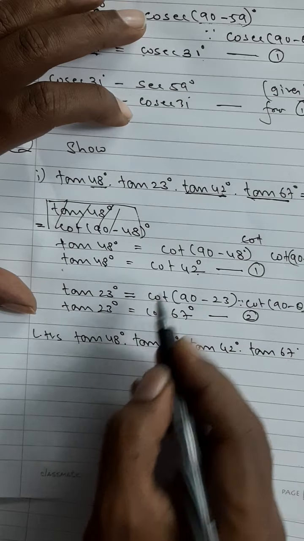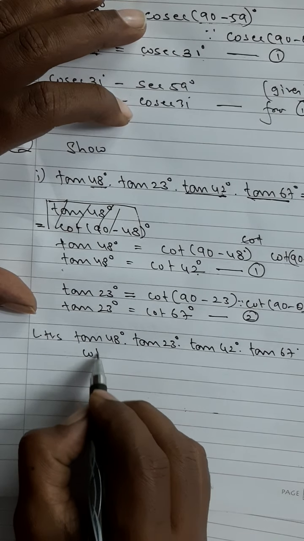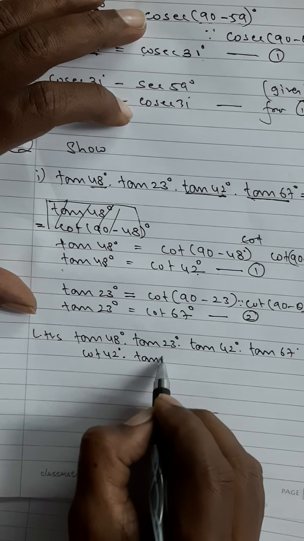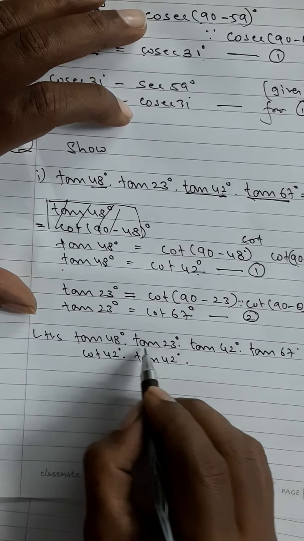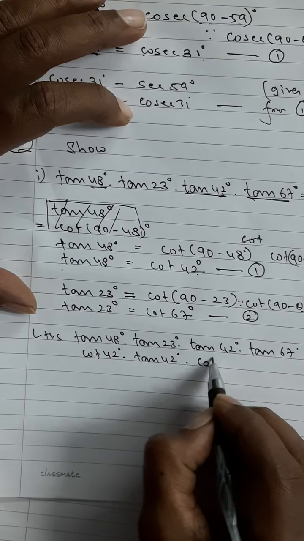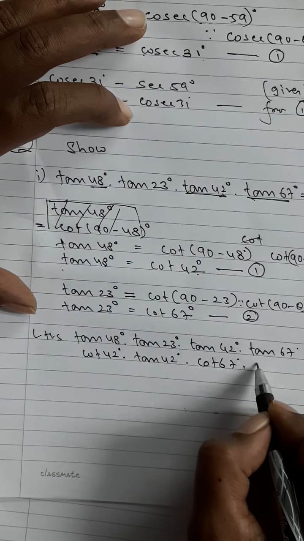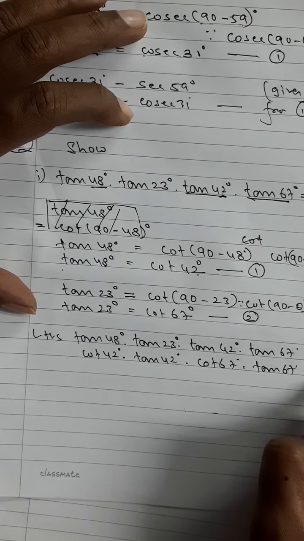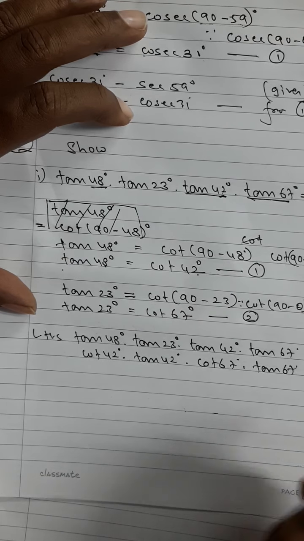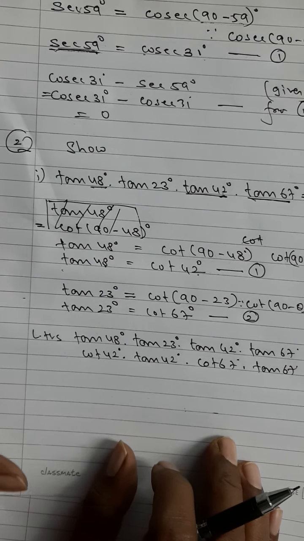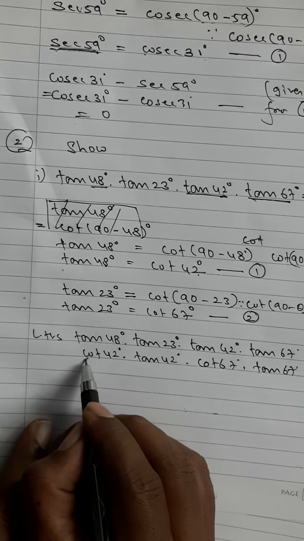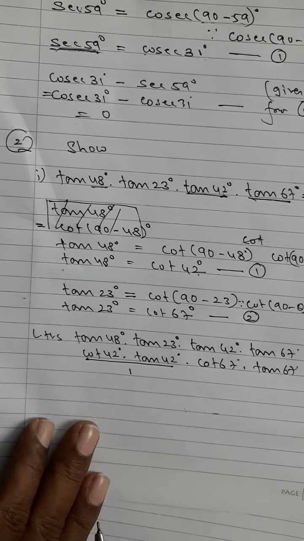In place of tan 48 degree I will write cot 42 degree into tan 42 degree, into, in place of tan 23 degree, cot 67 degree into tan 67 degree from 1 and 2. Now actually here you can write directly this is equal to 1.